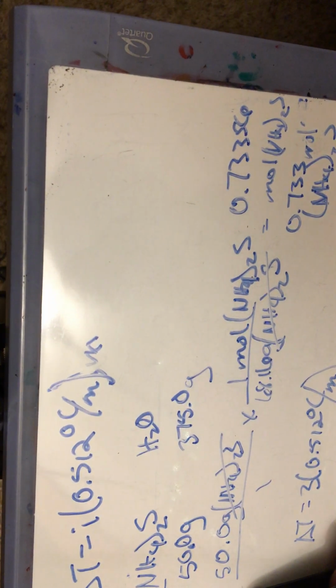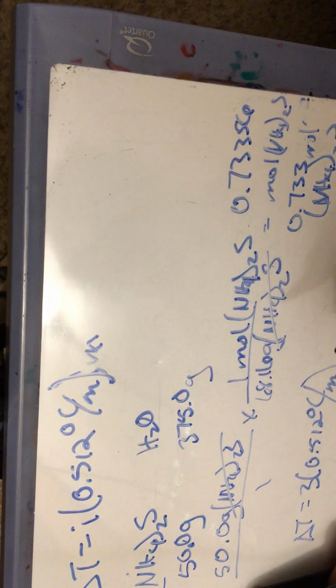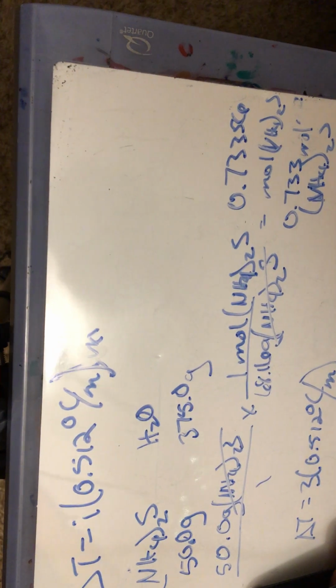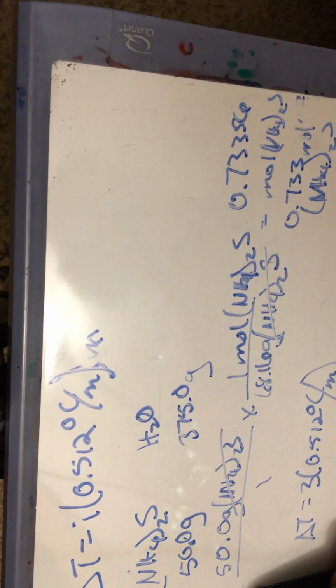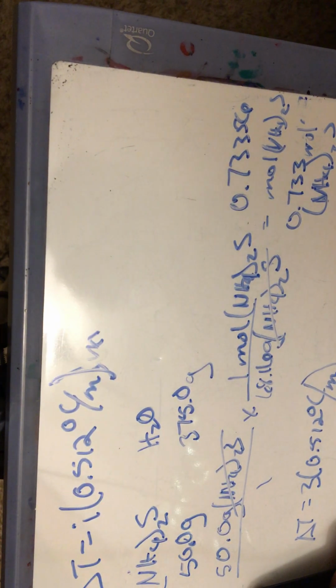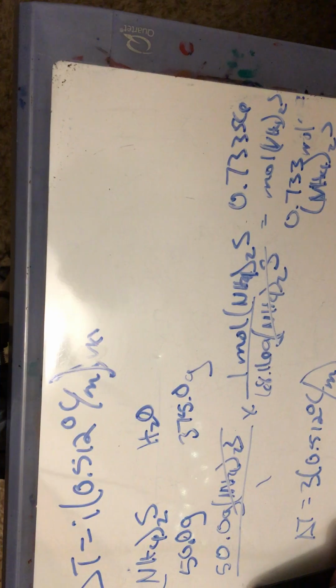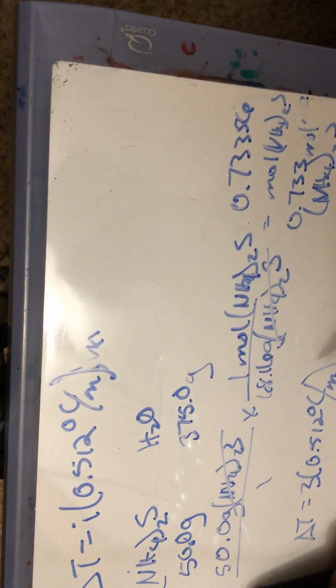So molality is 1.95618 molality. Stick with the 3 sig figs, 1.96 molality.